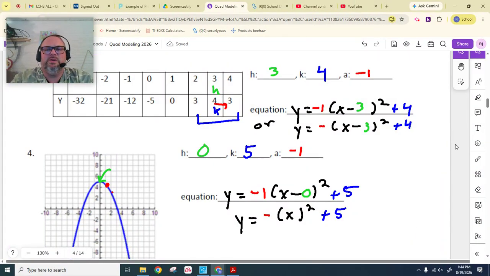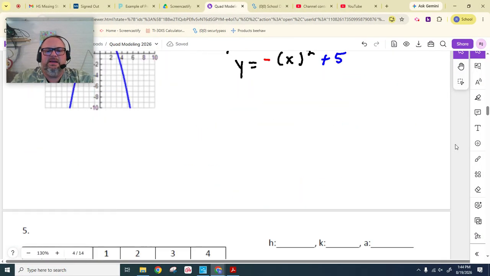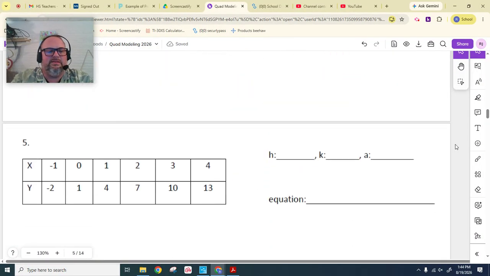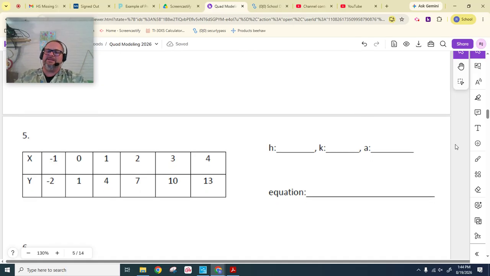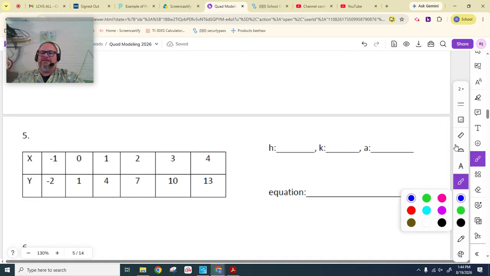Alright. Are we good with 3 and 4? Alright. Yeah. Alright, 5. Sorry, I thought I checked that one. This one is actually linear. How many of y'all saw that when the y values didn't repeat? Okay, so this one doesn't have an h.